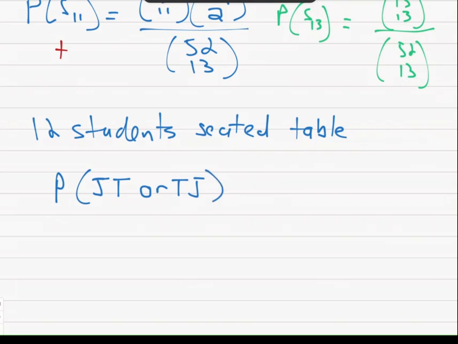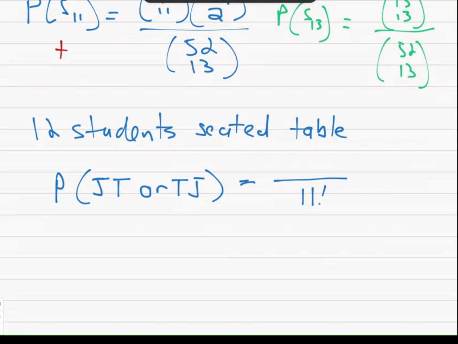And we're doing a permutation on a circle, so there are, as we learned in section 3, 11 factorial ways to seat 12 people around a table, 12 minus 1 quantity factorial.